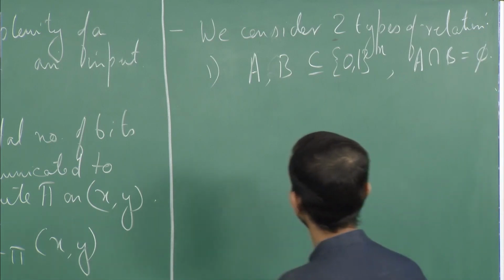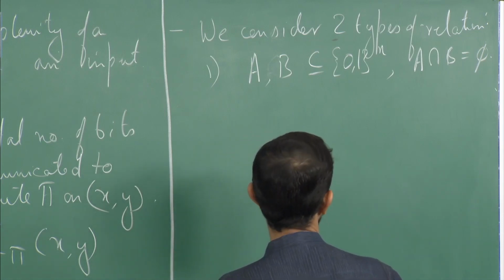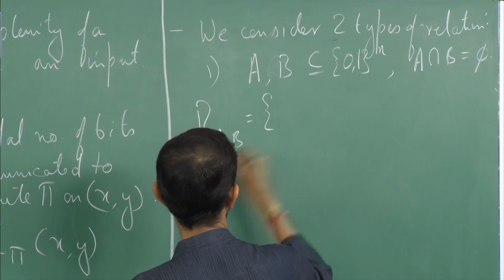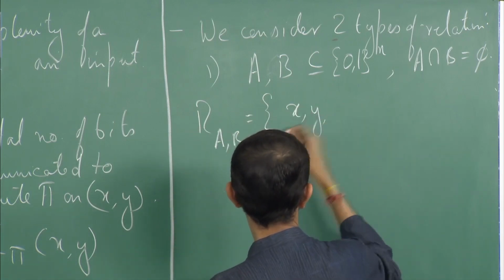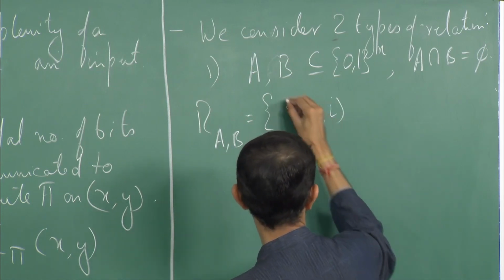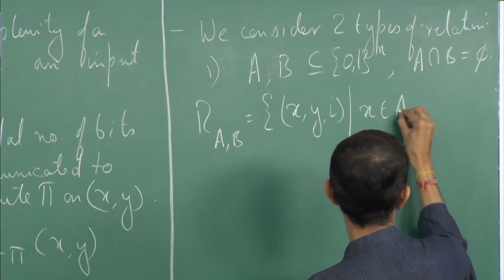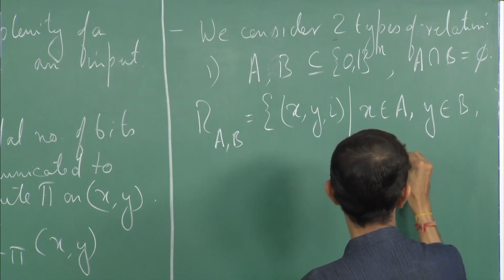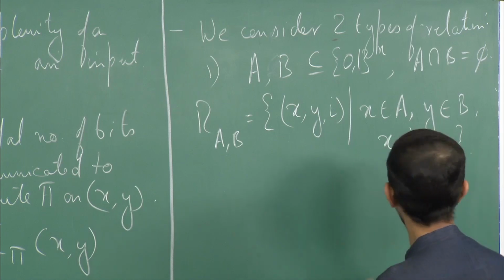Now we define the relation R_AB as all tuples (x, y, i) such that x belongs to A, y belongs to B, and the i-th bit of x is not equal to the i-th bit of y.